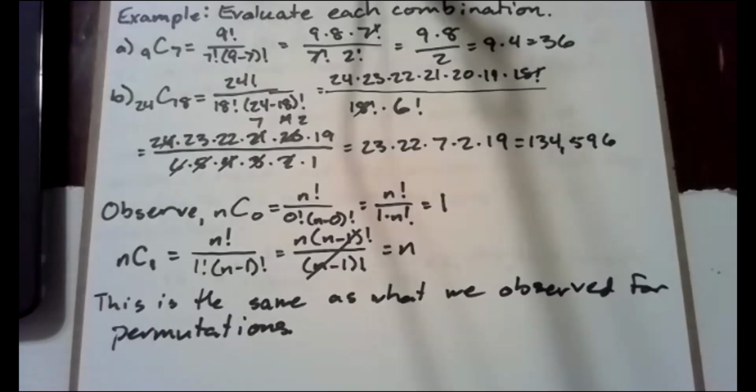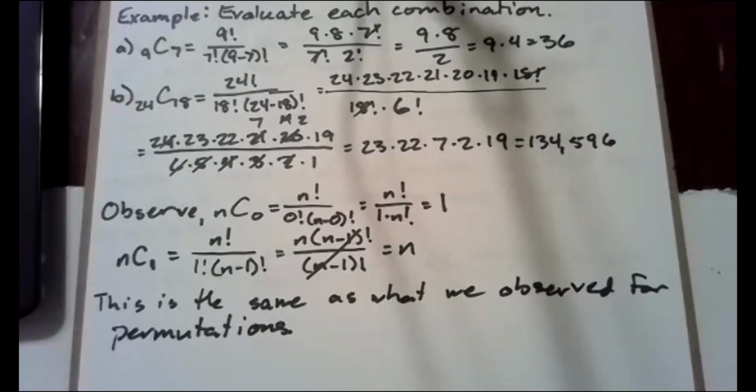Observe that n choose 0 is equal to n factorial over 0 factorial times n minus 0 factorial, which is n factorial over 1 times n factorial, which is just 1. And n choose 1 is n factorial over 1 factorial times n minus 1 factorial, which is n times n minus 1 factorial over n minus 1 factorial, which is just n.